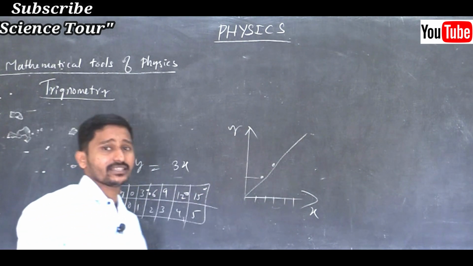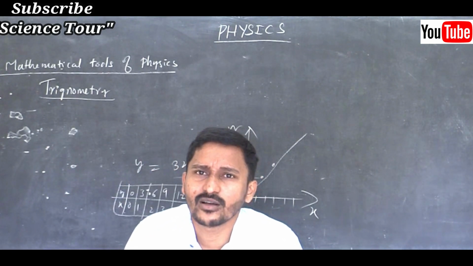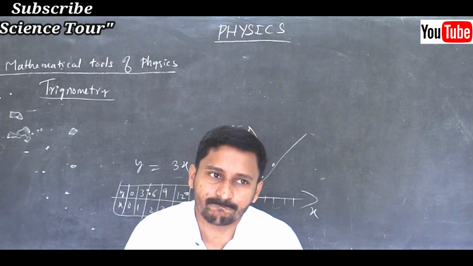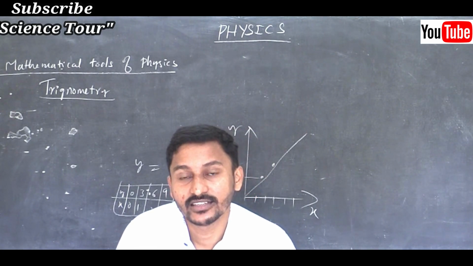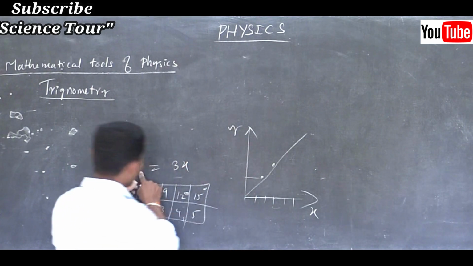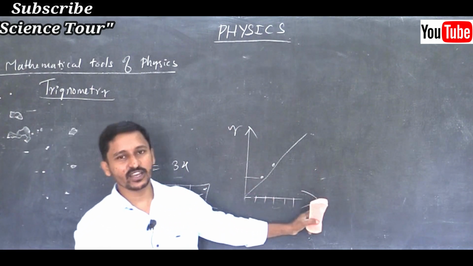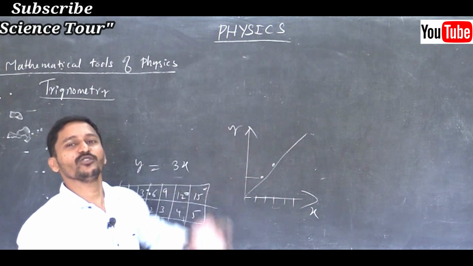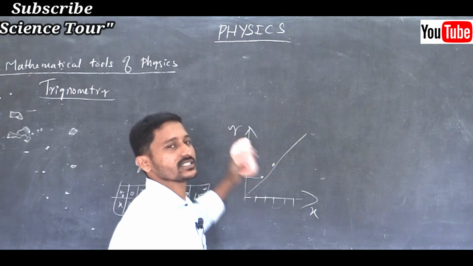Mathematically you have drawn the graph. Now what is it actually? It is the variation of the y axis with respect to x. As the x axis varies, the y axis is going to vary.